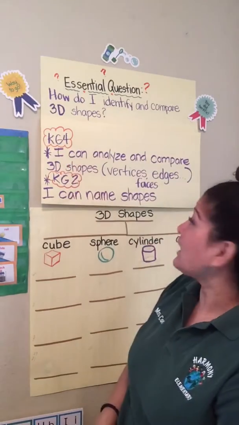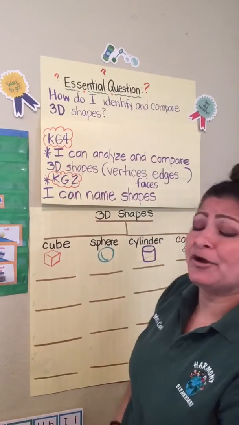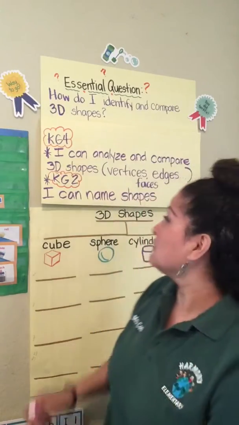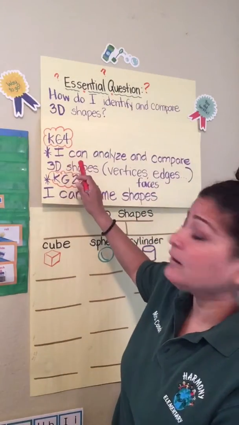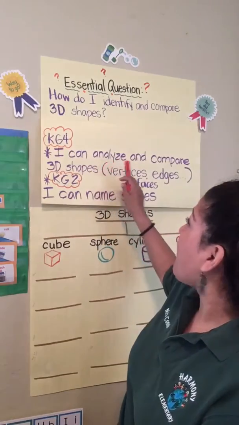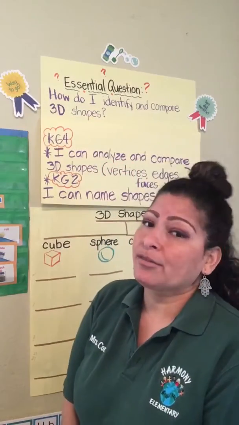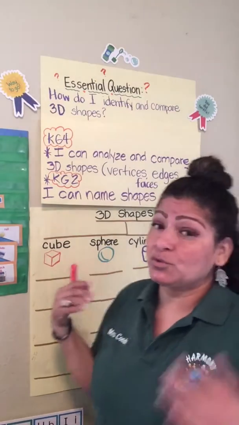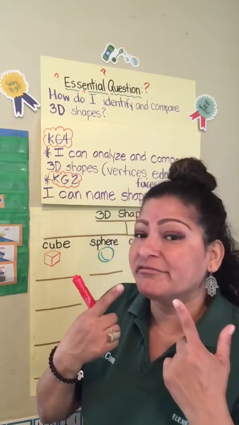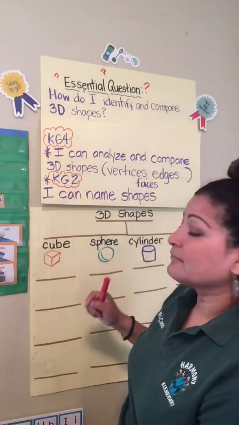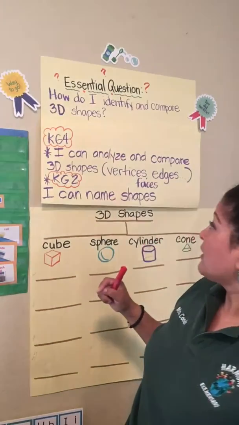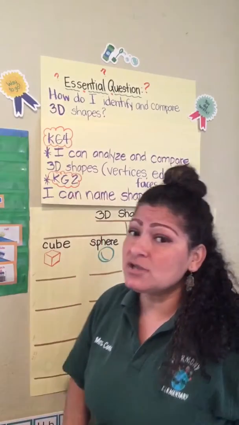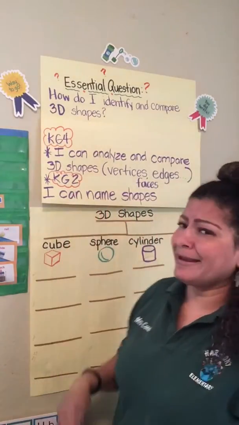I can analyze and compare three-dimensional shapes. Can you say that with me? I can analyze and compare three-dimensional shapes using words like vertices, edges, faces, and the next knowledge for college is I can name the shapes.